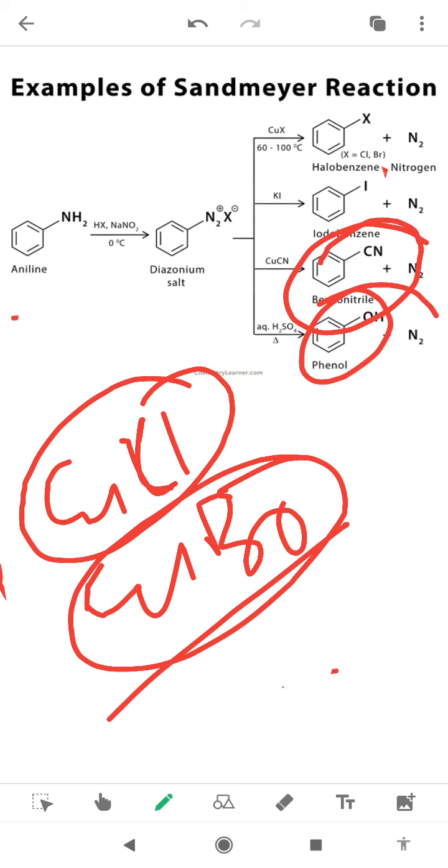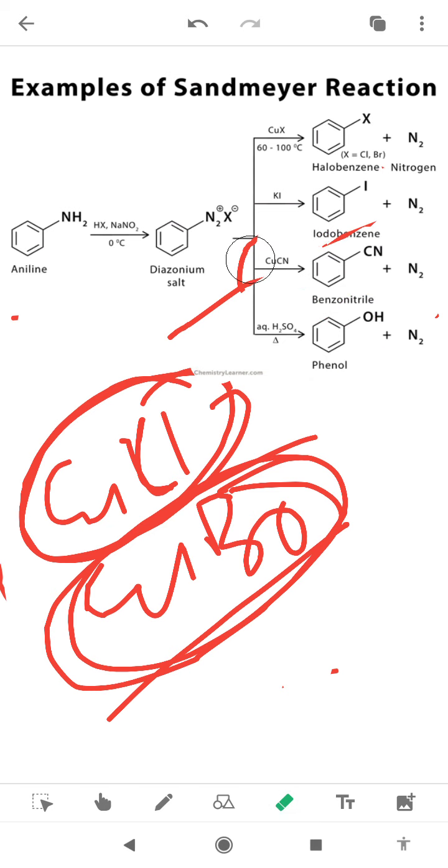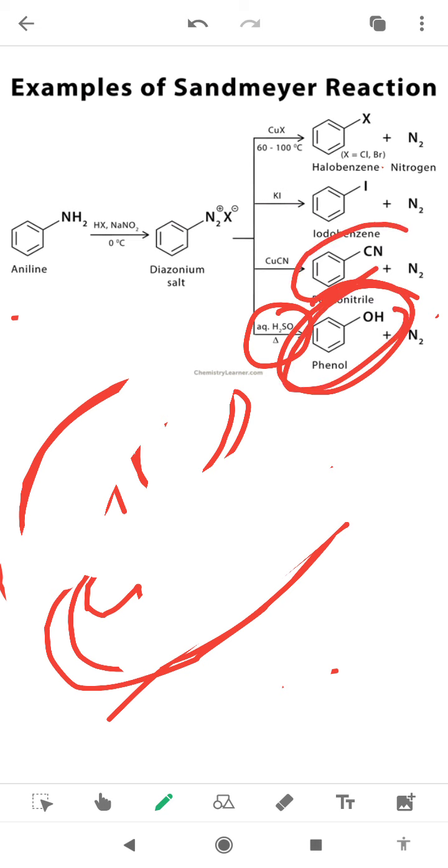In the case of benzonitrile, we use CuCN instead of CuCl or CuBr. And in the case of phenol, when we want to prepare phenol, then in this mechanism we use aqueous H2SO4 with temperature that gives phenol. So it is also possible to prepare benzonitrile and phenol in the Sandmeyer reaction. So these are all the facts about the Sandmeyer reaction.